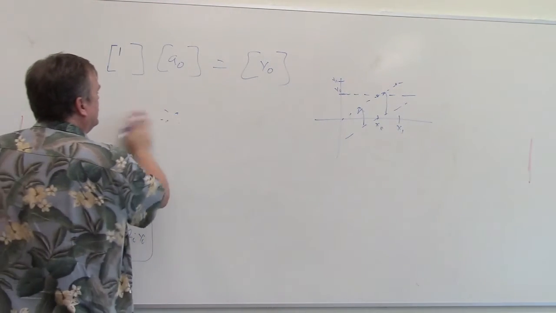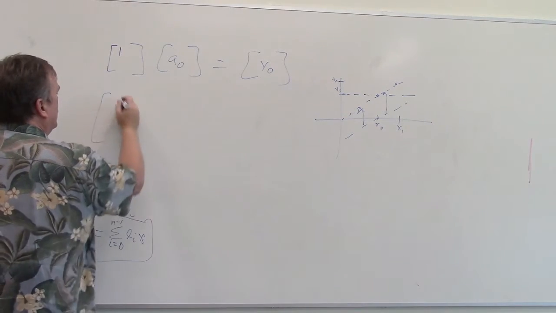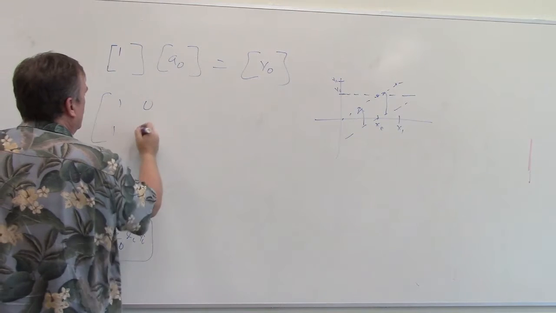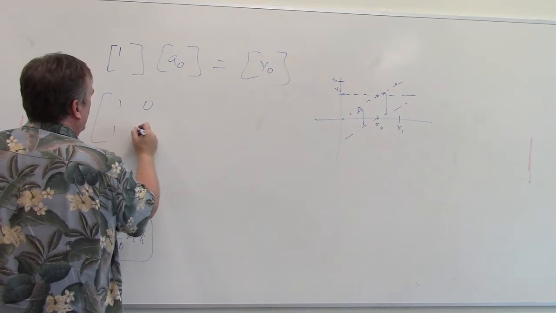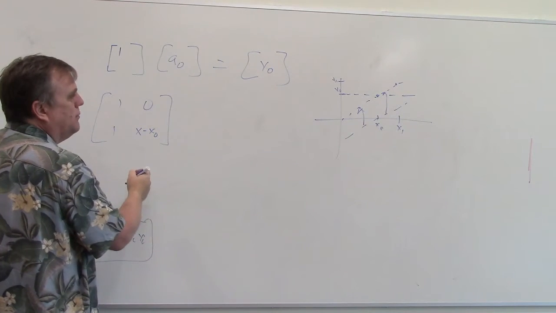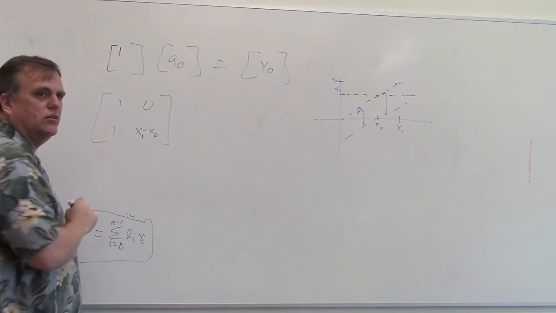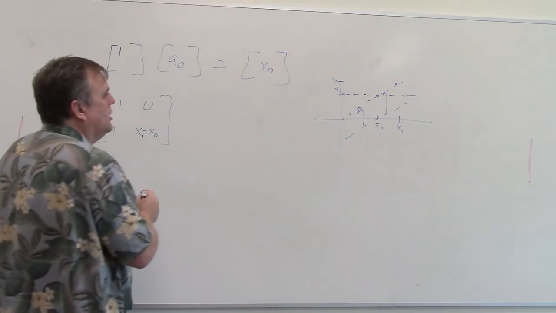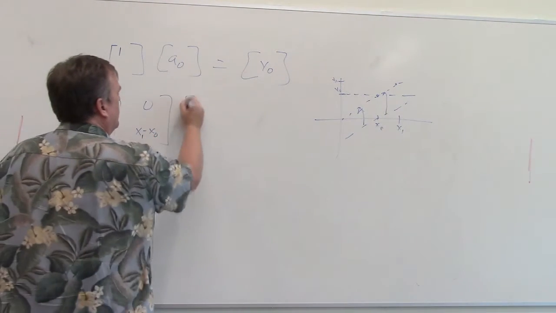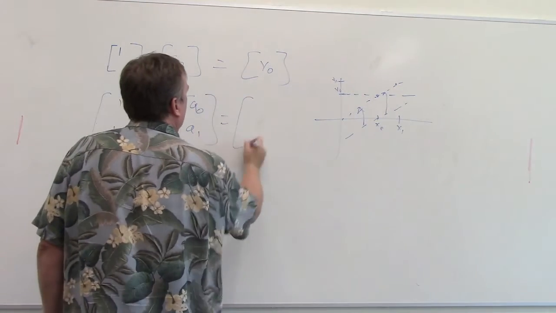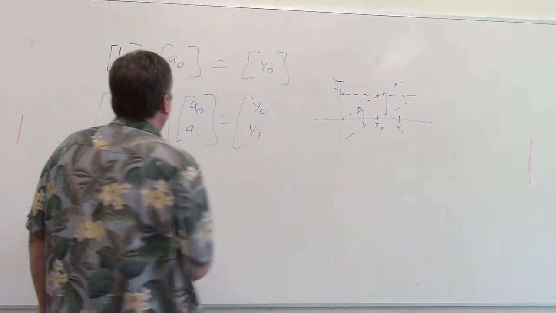It still has the constant 1 because I kept it. I'm going to calculate this at x1. So that's my x minus x0, times a0, a1, and now I've got 2 points, y0, y1.